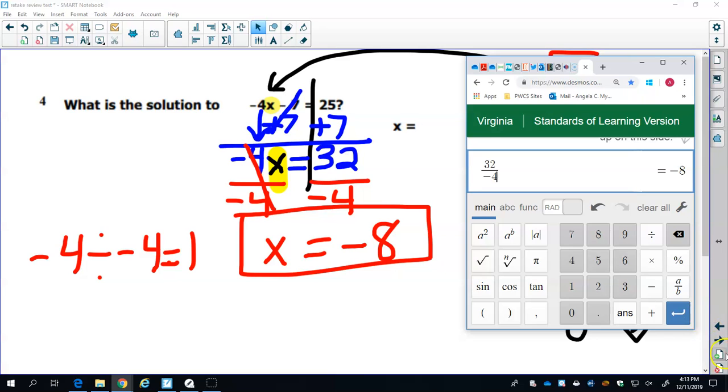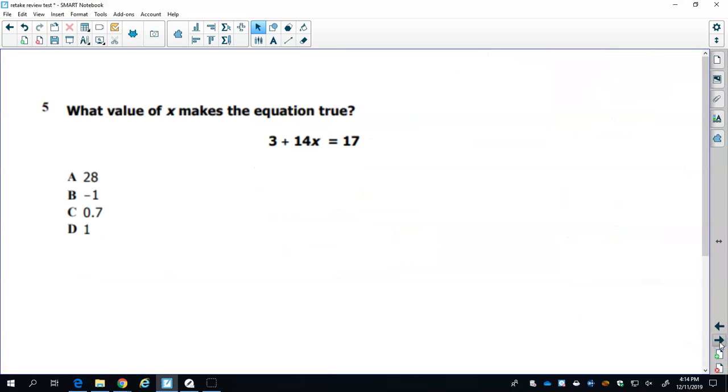All right, let's look at our next problem. Okay, this one, I'm looking for the value of x that makes the equation true. So I'm trying to isolate my variable. I'm going to put my line down the center. And remember, we're undoing. Remember, it's reverse GEMDAS.